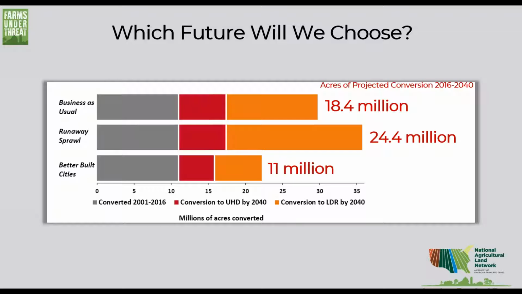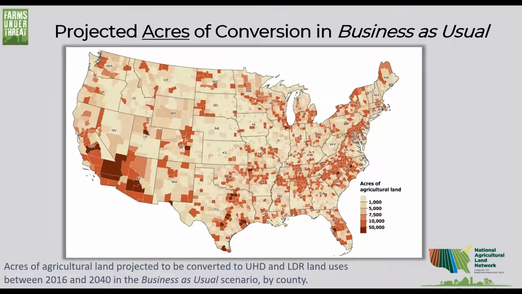So these next two slides we hope are helpful in showing how Illinois compares to other states. This slide shows the projected total acres in each county that we are projecting for conversion, and you see here that there's sort of two parts of the state, up in the northeast and then down lower in the southwest, where you see the largest amount of conversion.